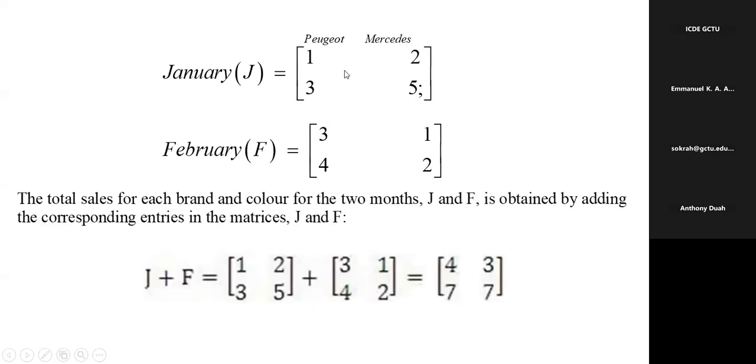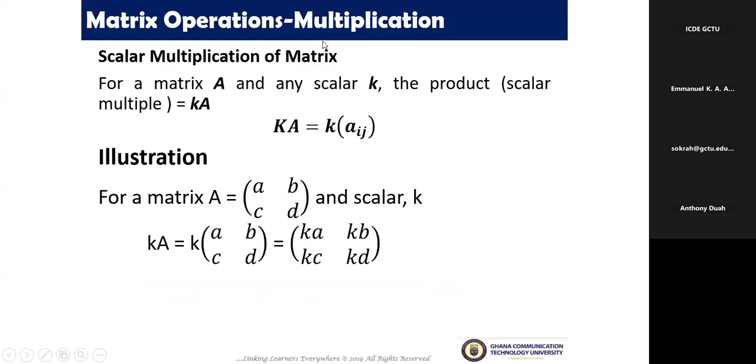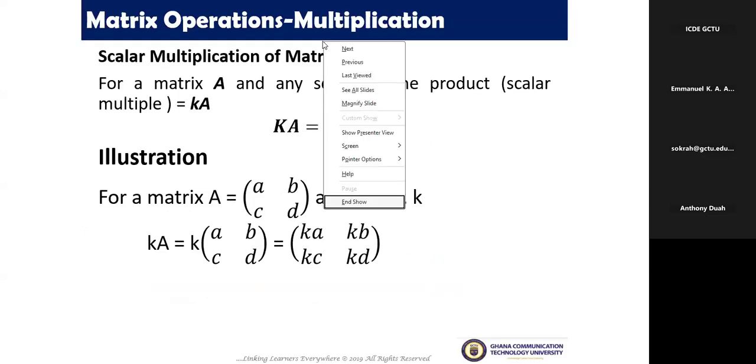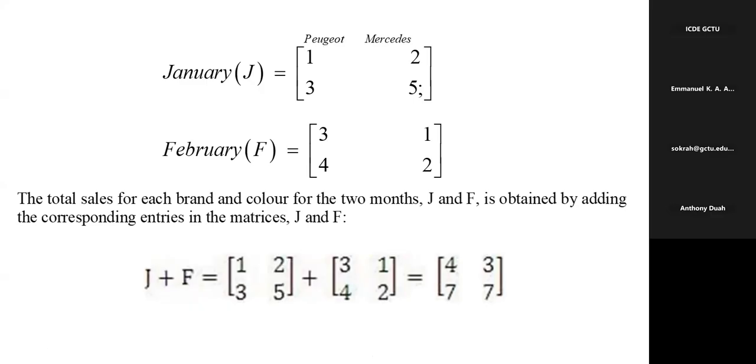So the rows are what? Red and blue. So row 1 is red, row 2 is blue. Column 1 is Peugeot, column 2 is Mercedes-Benz. So for January, it means one red colored Peugeot was sold, and two red colored Mercedes were sold.